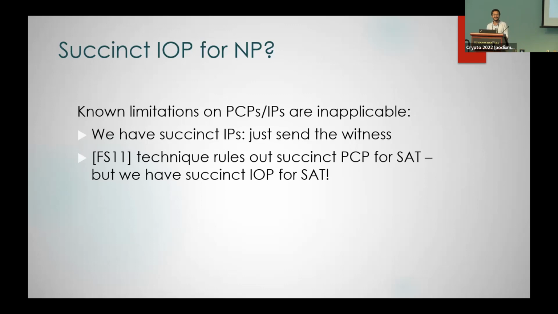We have a trivial succinct interactive proof for all NP relations: we can simply send the witness. If we try to take the Fortnow-Santhanam technique that I talked about earlier, it also wouldn't work here because it rules out succinct PCPs for SAT, but we do have a succinct IOP for SAT. So at least if we want to use that same technique as a black box, it won't work here. We need to do something else.